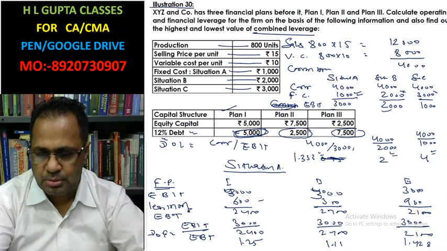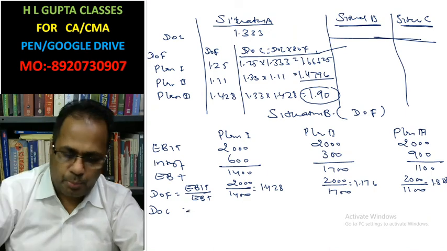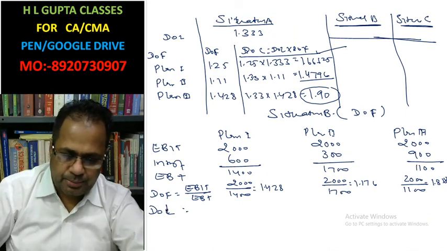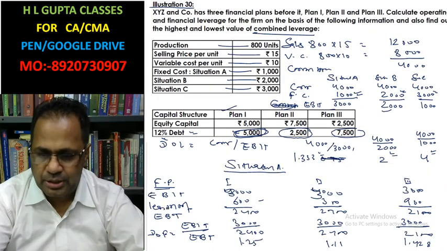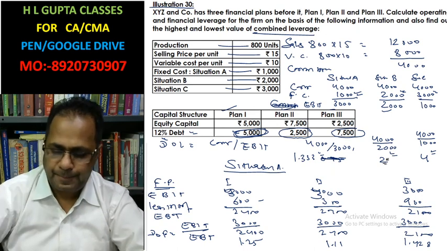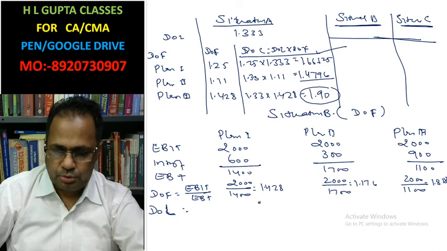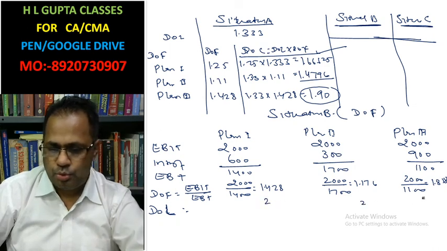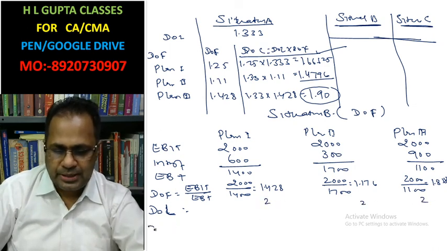Now the degree of combined leverage. The degree of operating leverage for situation B is already calculated; this is 2. Write 2, 2, 2.